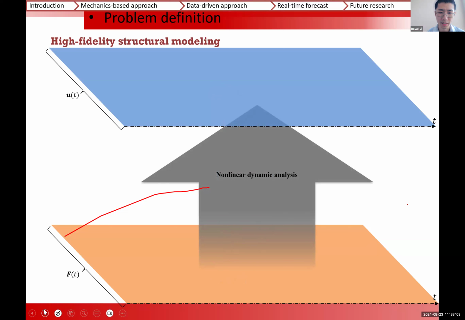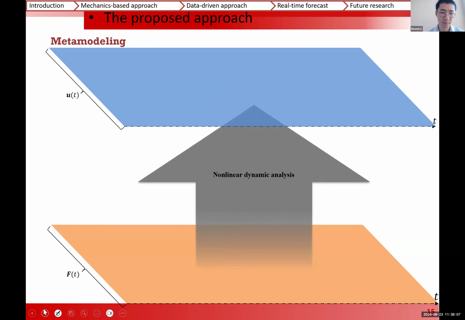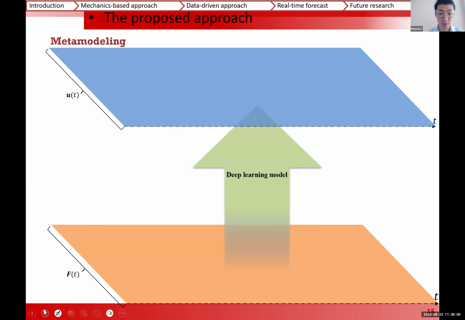Now the idea is: can we forget about that and find a new approach? Can we use a deep learning neural network to finish the mapping from the input to the output? The answer is yes, but I should stress that both the input and output are of pretty high dimensionality, so it can be pretty challenging if you directly bring in deep learning neural networks.